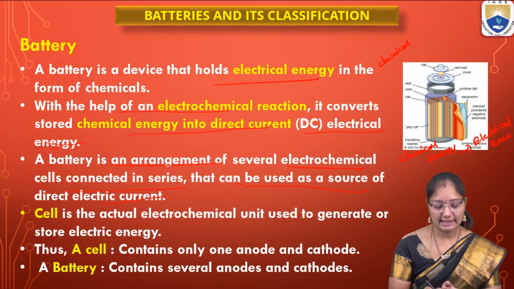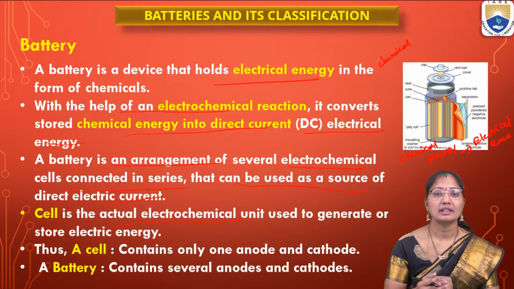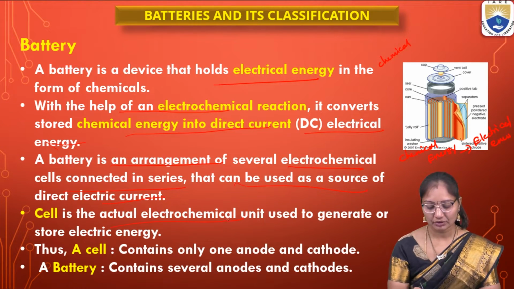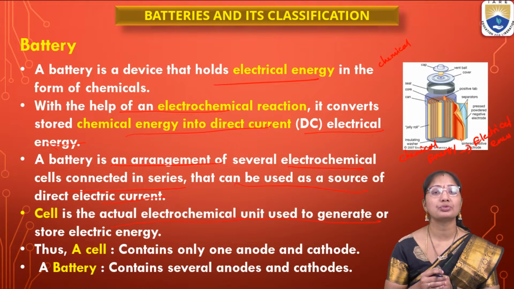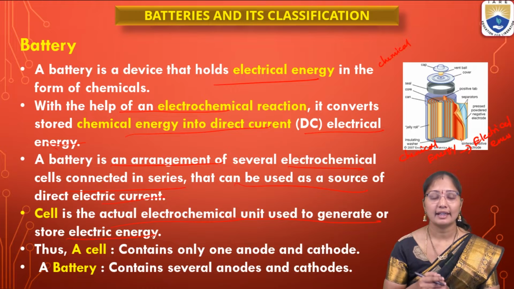So first, what is a cell? A cell is an actual electrochemical unit. The cell is one unit, and the battery is nothing but a series or compilation of these electrochemical units or cells. This is used to generate electricity and to store the electrical energy.